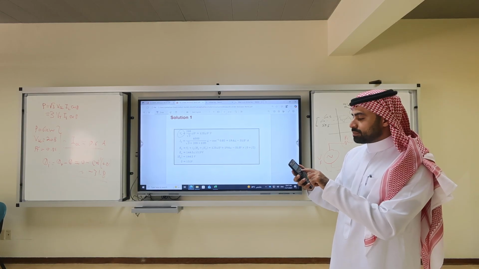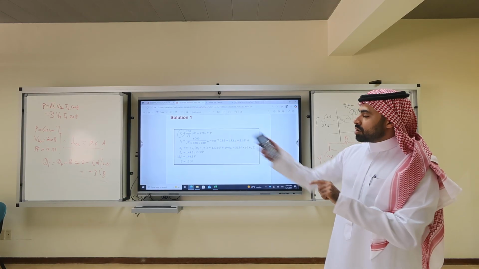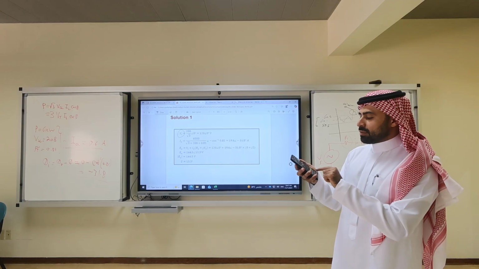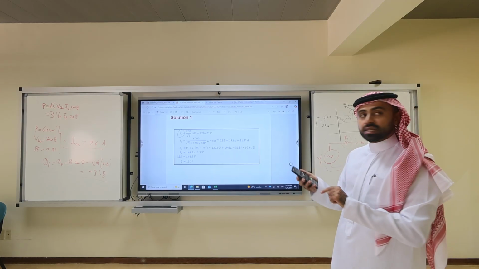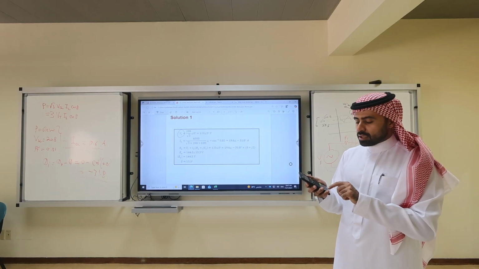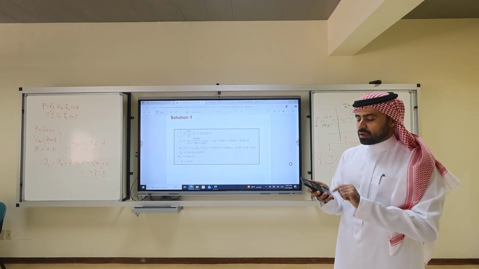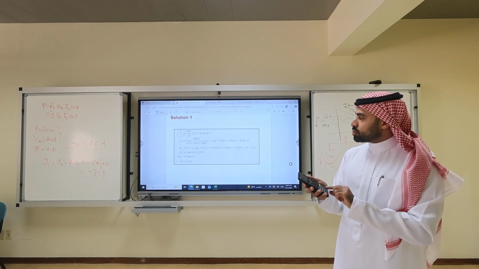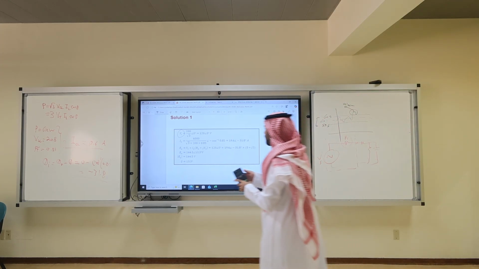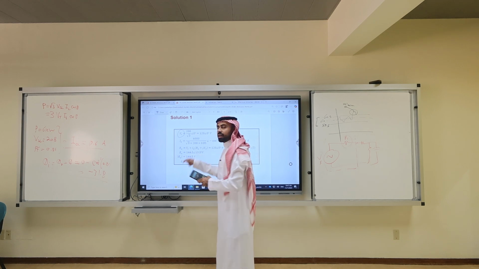What is IA? 19.6 angle minus 31.8 times RA, which is 0, plus j times 2. If you do the calculation, you should get 144.5 angle 13.